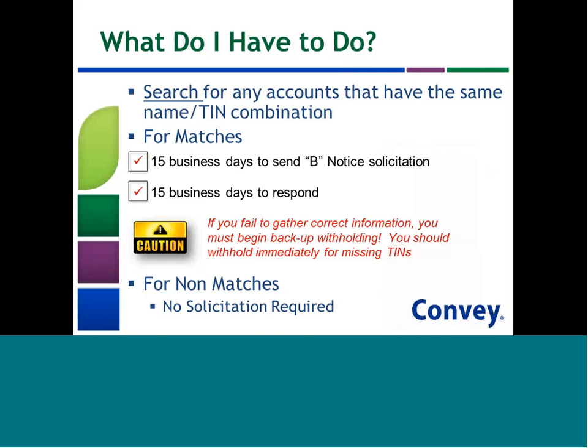You should do this immediately for anybody with a missing TIN. Now, for non-matches, there is no solicitation required. So if you searched and you have somebody that's maybe similar but not an exact match to the individual on the B Notice, that does not fall into requiring a solicitation.